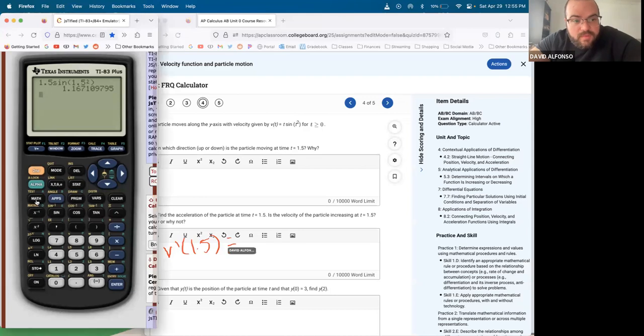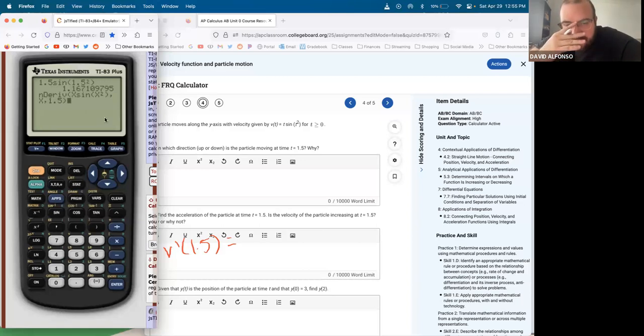So we're going to do math, derivative of this function, x sine x squared, comma, with respect to x, comma, at x equal to 1.5. You always have to put comma x afterwards because you're saying with respect to x.